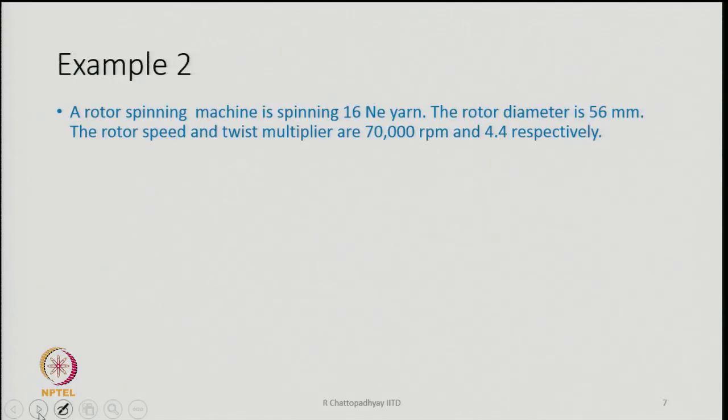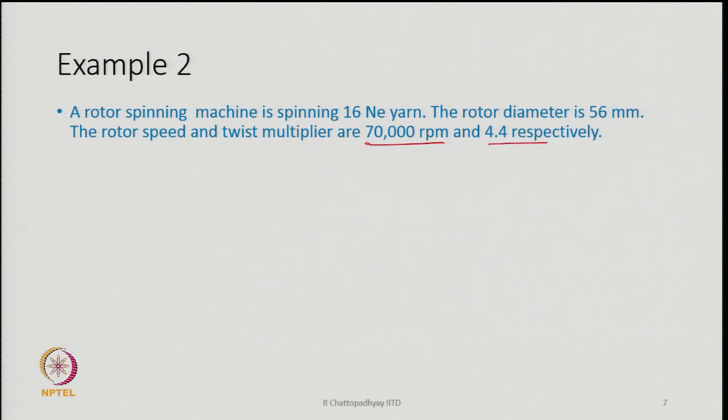Now, one more example. A rotor spinning machine is spinning 16 Ne yarn. The rotor diameter is 56 mm. The rotor speed and twist multiplier are 70,000 RPM and 4.4 respectively.